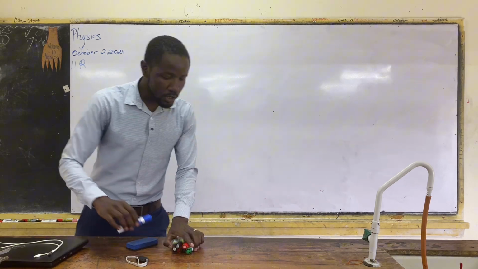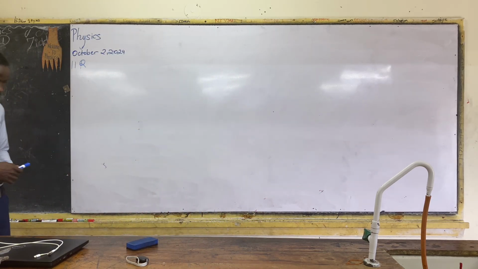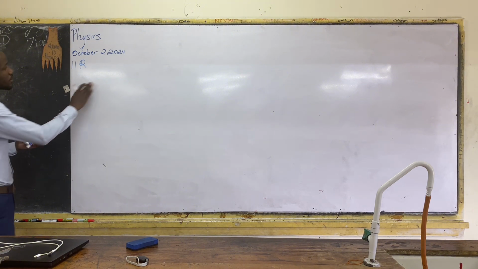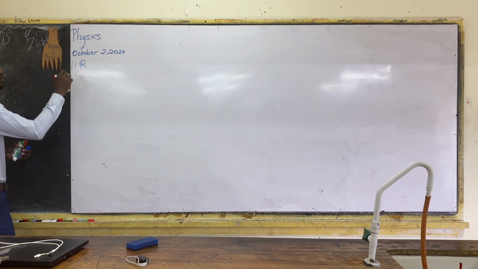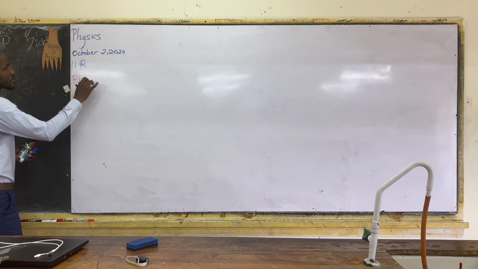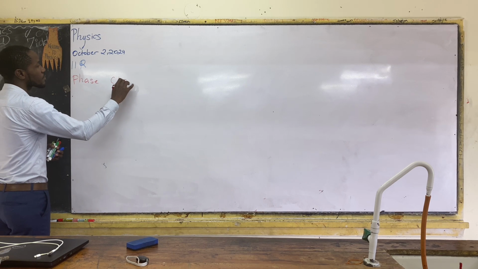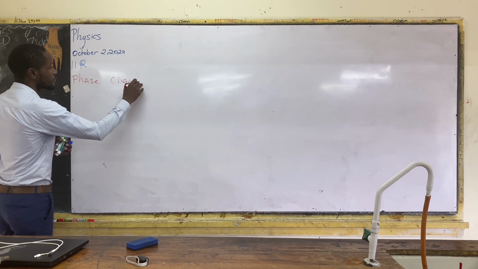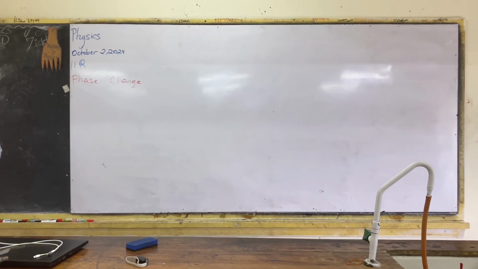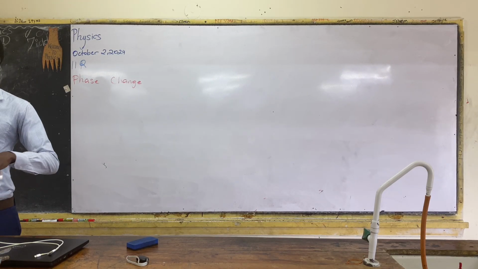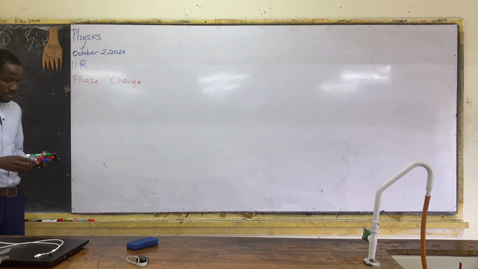Alright? So we're going to look at the concept of change of state. We're going to talk about phase change, and then later on we're going to talk about the heat associated with a change of phase.